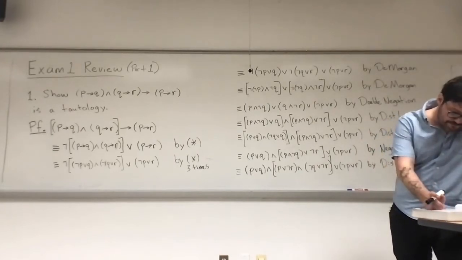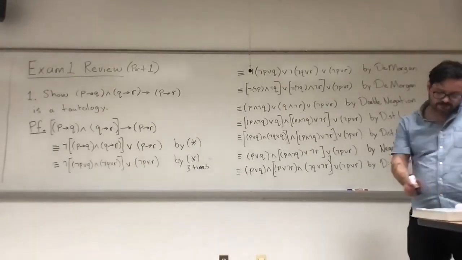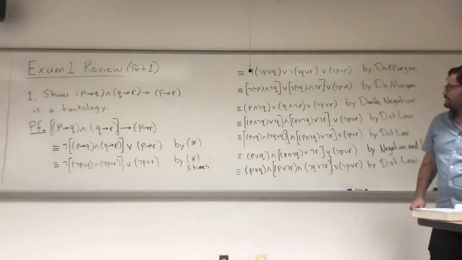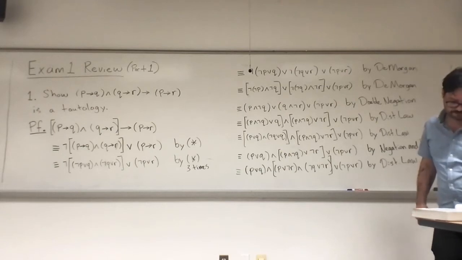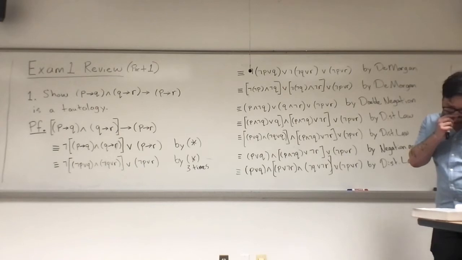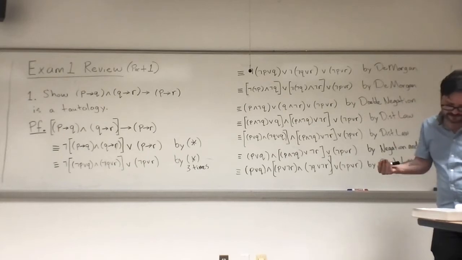So let's see. P or, so right up there. I don't see one that's really going to make it go quicker right now, because I want to collapse things down.